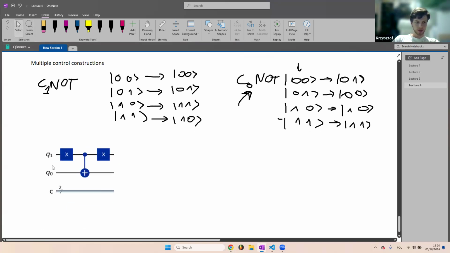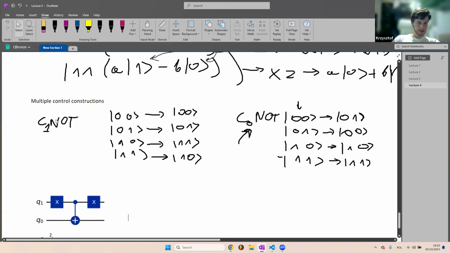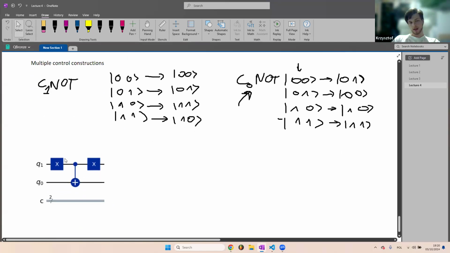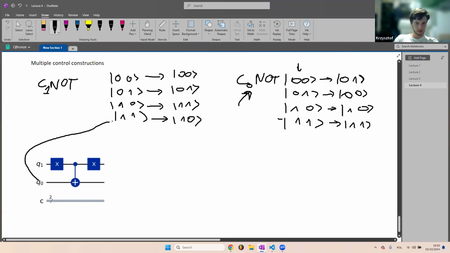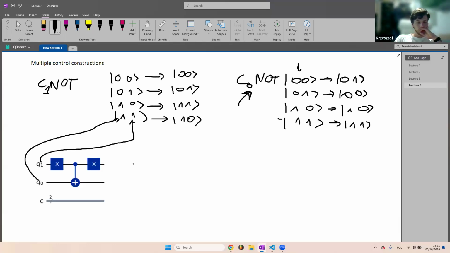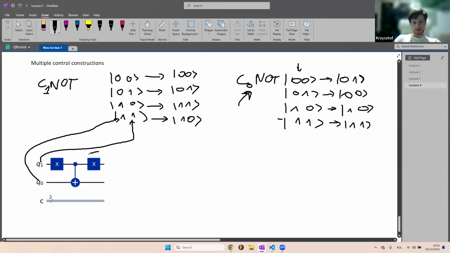In this case, we apply a C1 naught gate only, but first we change the value of the first qubit. This is also now reverse computation. So here is Q0 and here is Q1. And we also apply another X gate after the control to revert qubit 0 to the original state.